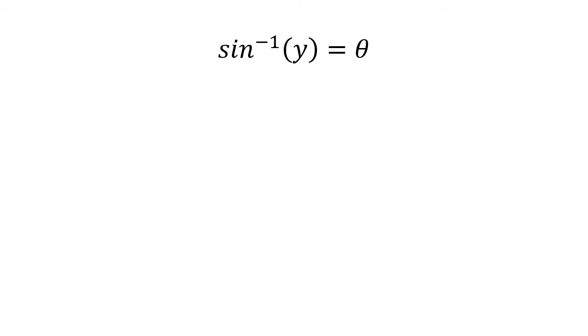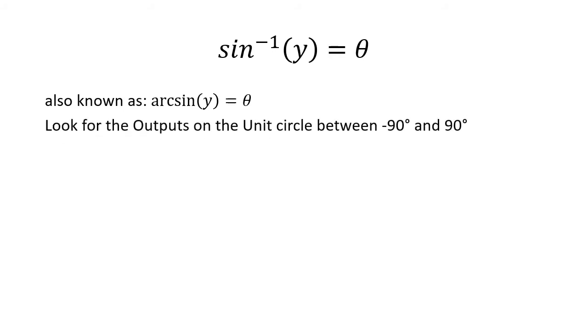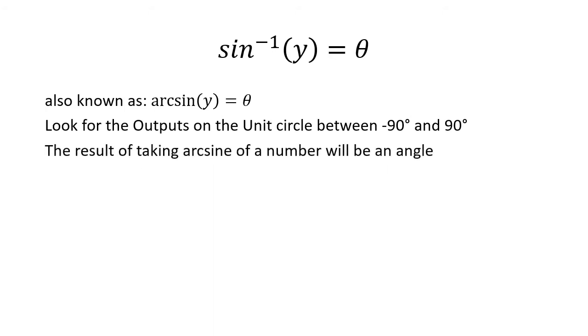Sine to the -1 of y is theta, and it's also known as arcsine. The reason I put y there is because we want to focus on the y coordinate. So we're going to look for those outputs on the unit circle between -90 and 90 degrees. The result of taking arcsine of a number will be an angle. So that's why I put equals theta.